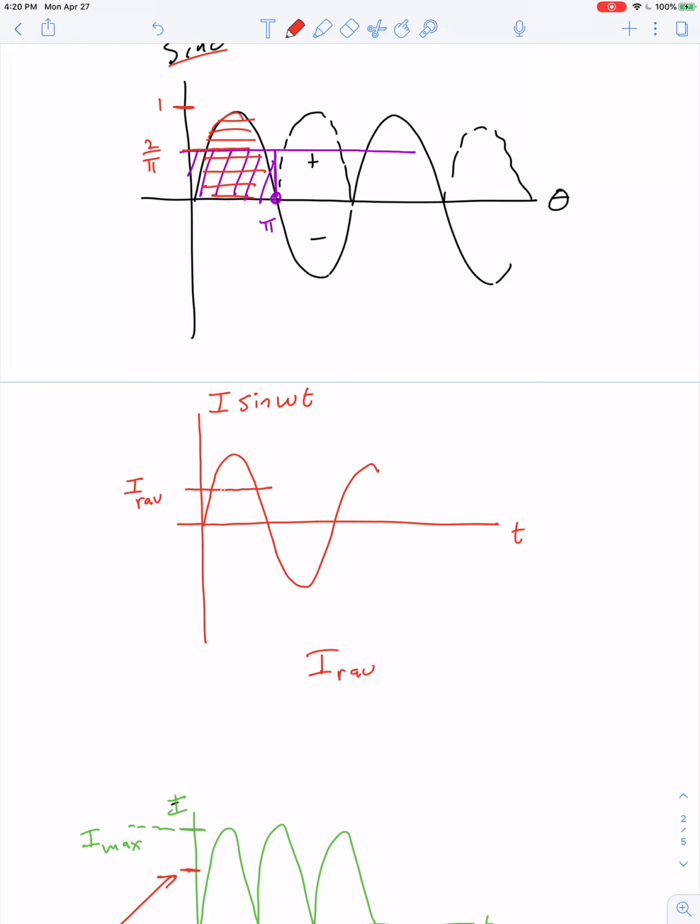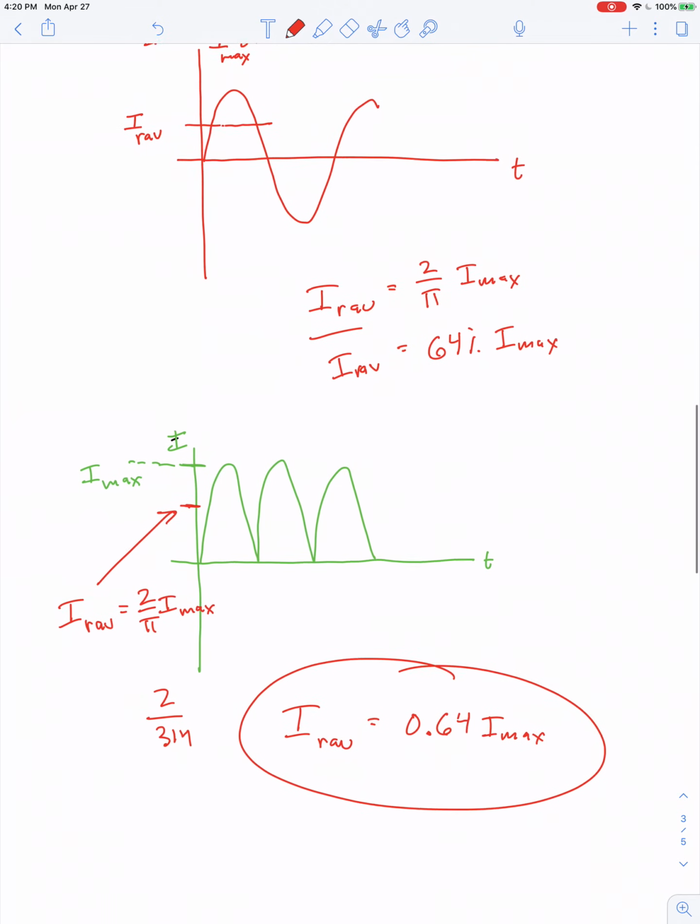The rectified average value is equal to 2 over pi times the maximum value. If we say I equals I max sine omega t, then the rectified average value is 2 over pi times the maximum value. 2 over pi is the same thing as about 64%. So there you have it. Rectified average value is about 64% of maximum value.